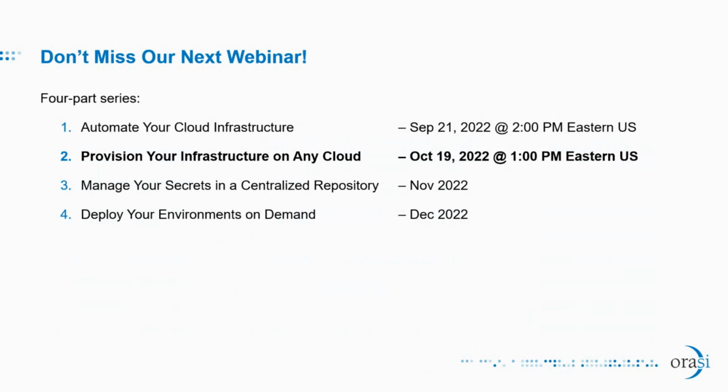And then finally in December, we'll talk about how to roll all this together into a project-focused initiative, how you take all these various pieces and build a deliverable plan in order to move your applications to the cloud.